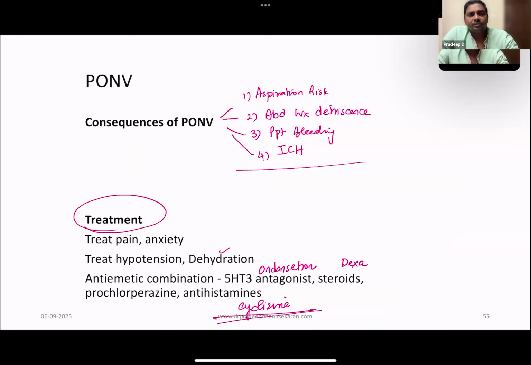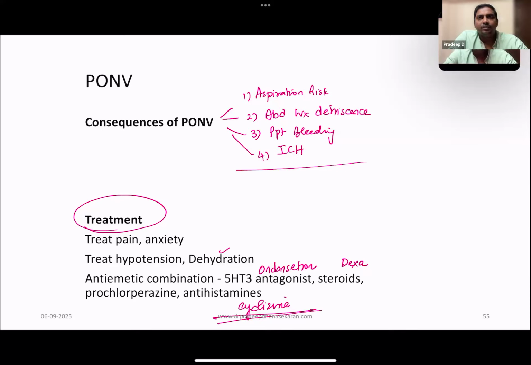So what are the consequences of post-operative nausea and vomiting? You can have an increased risk of aspiration. Because of the vomiting, the increased intra-abdominal pressure can cause wound dehiscence and can precipitate bleeding, and can even increase the intracranial pressure leading to hemorrhage. So how to treat? You treat the other risk factors: treat the pain, avoid opioids, and treat the dehydration.